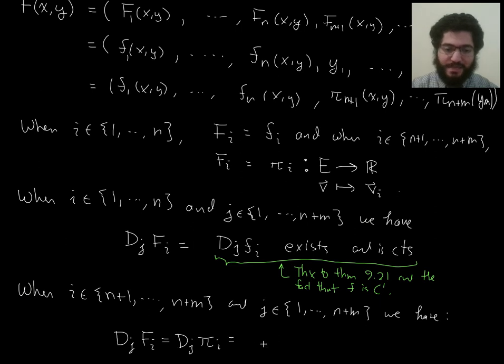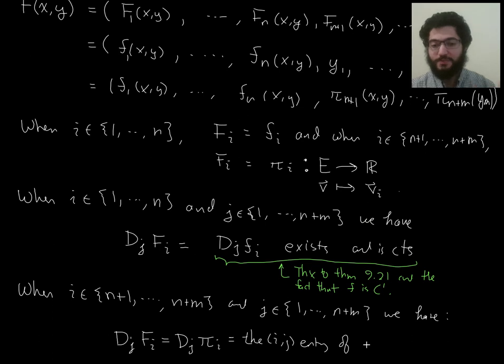Well, the jth partial of the ith component of a function is the ij entry of the matrix representing the derivative of the function in the standard basis.